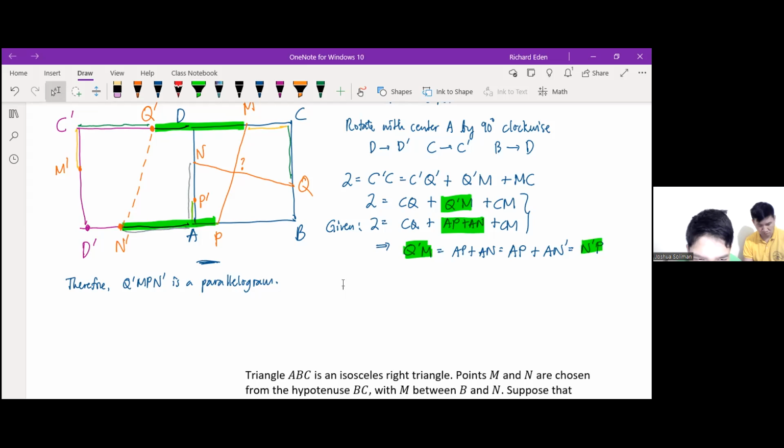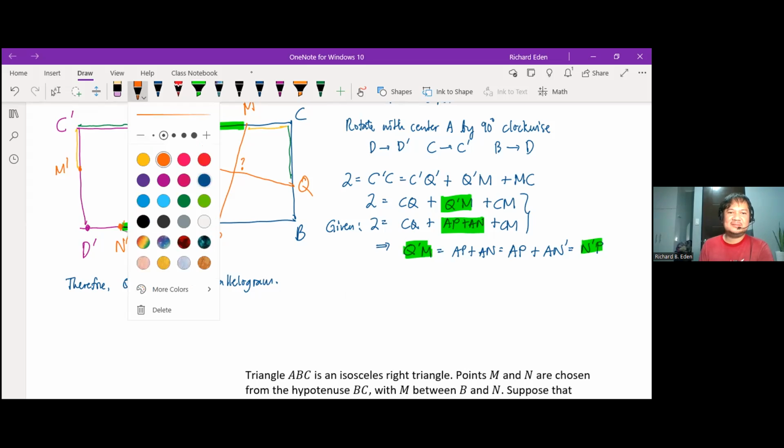So therefore, the 90-degree rotation of NQ is parallel to MP. So that means NQ is perpendicular to MP. That's it. Sige, sulat natin.